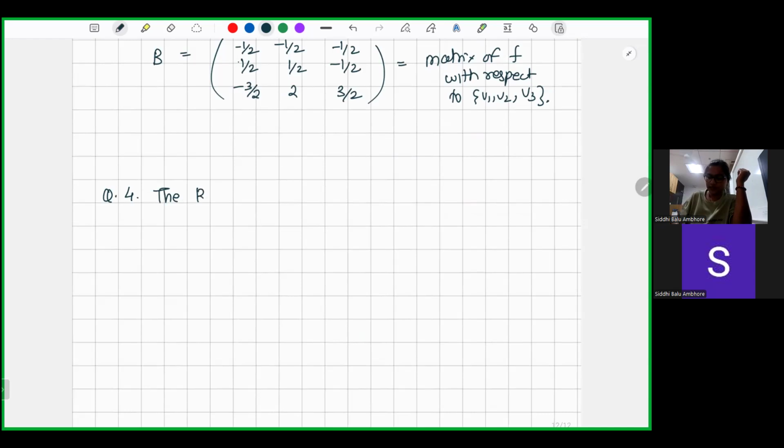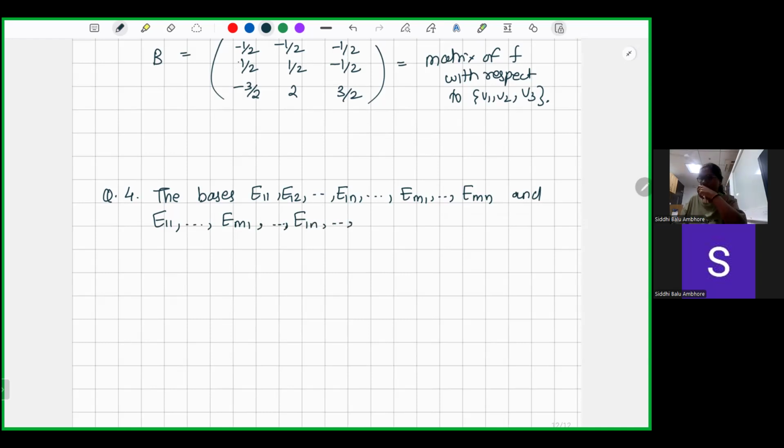The basis E11, E12, up to E1n, and so on till EM1, up to EMn, represent the same orientation of M and N.